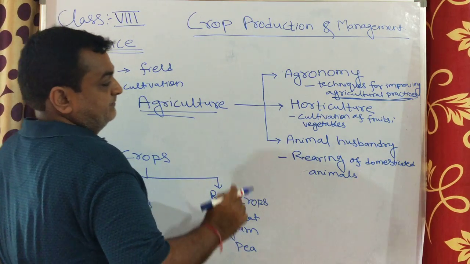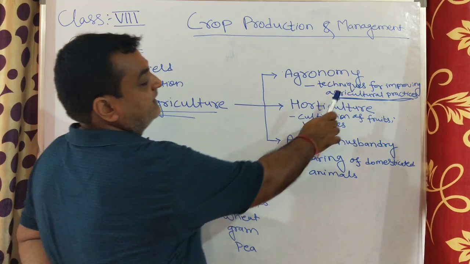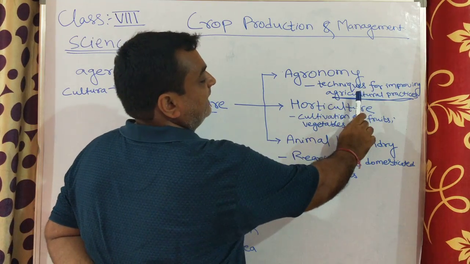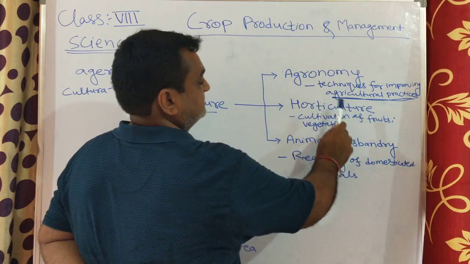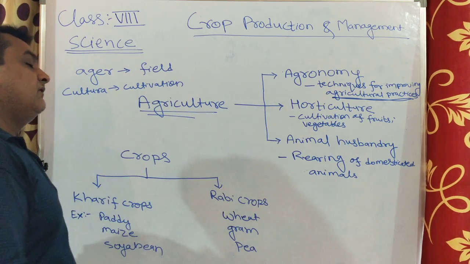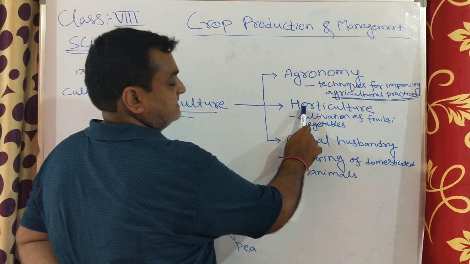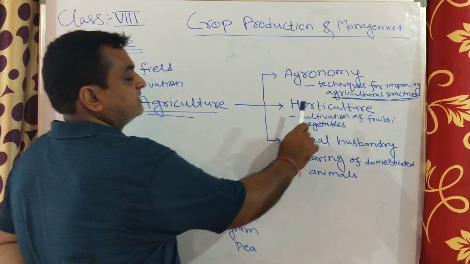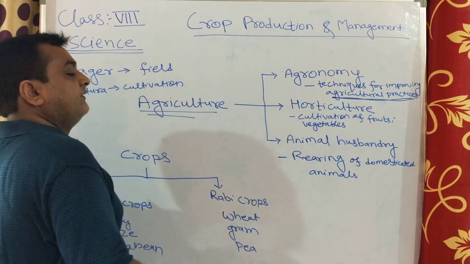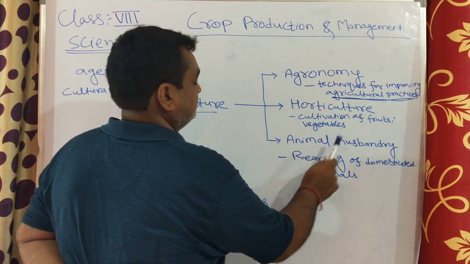So the branch of science that deals with the techniques for improving agricultural practices is known as agronomy. Cultivation of fruits and vegetables on large scale is known as horticulture, and rearing of domesticated animals is known as animal husbandry.